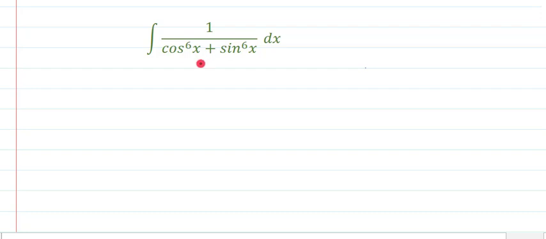Initially, on looking at the question, we can't see which method of integration will apply here. So what to do? First of all, let us think about algebra here. This is cos power 6x plus sin power 6x. If it was cos power 3x plus sin power 3x, we would be able to think about the identity of a cube plus b cube.